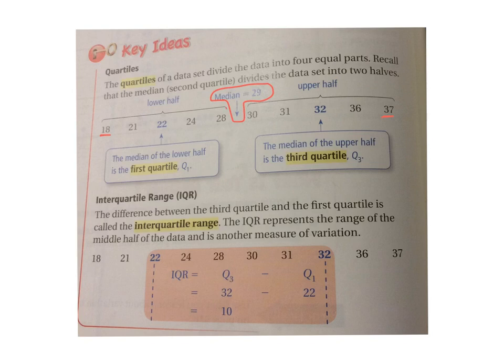Everything below the median is the lower half or the first quartile, and everything above the median is the upper half or the third quartile. Once you have your 2 quartiles, you find the median of them and then find the range. So 32 minus 22 is 10. I know that seems like a lot of information, and so I'm going to do a couple more examples for sure.